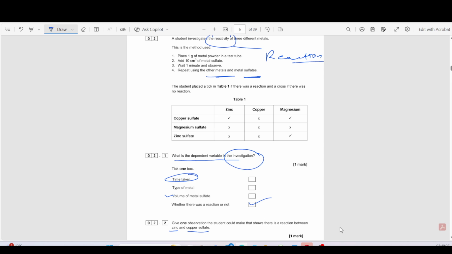When a more reactive metal, in this case zinc, is placed in a solution containing ions of a less reactive metal, for example copper sulfate, a displacement reaction occurs. Why? Because zinc would displace copper from the solution, and the copper would produce a brown solid, which we can observe.